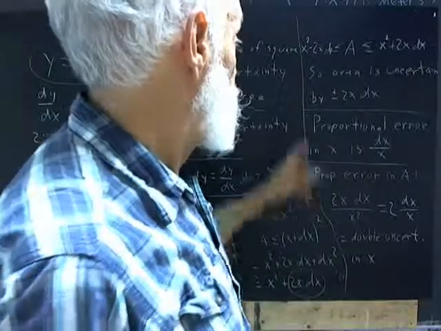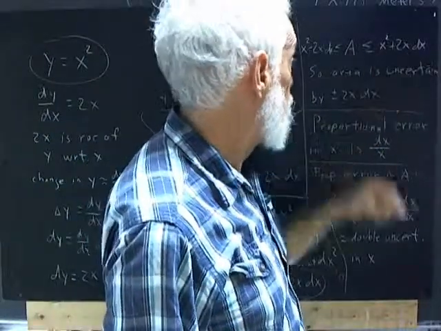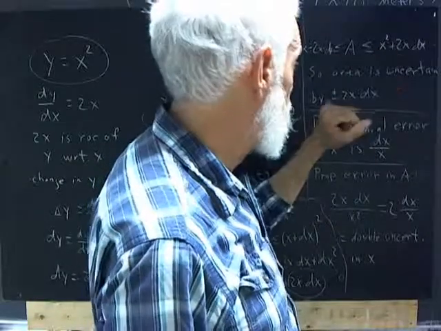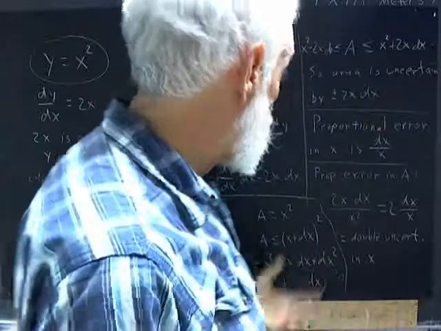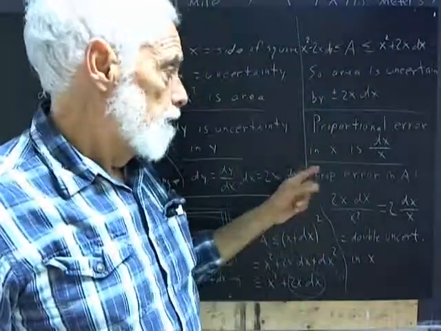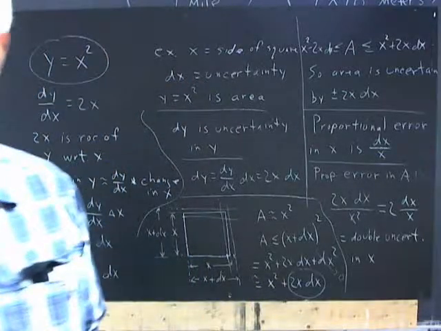And when I wrote this, I didn't bother squaring my x's, so hopefully that didn't cause anybody any confusion in class, but we'll correct it for now. So the area is uncertain by plus or minus 2x dx. This is area plus 2x dx. This is area minus 2x dx, where the area is x squared.